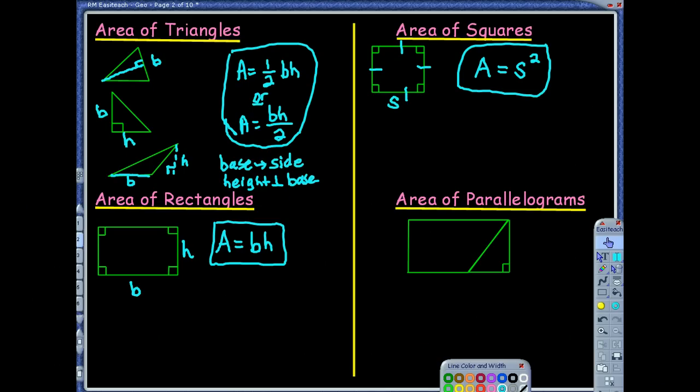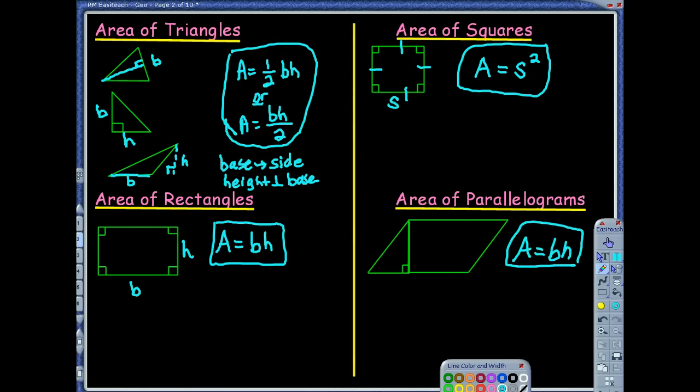No. I changed the shape, because now it's a rectangle. And the area formula for a rectangle is base times height. So technically, in a parallelogram, the formula is base times height.